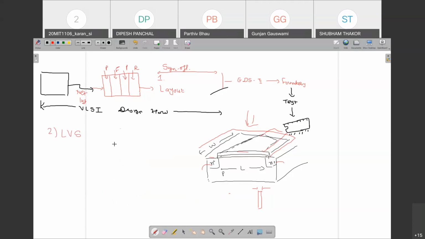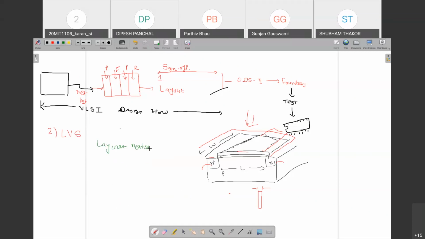After designing the layout, if you apply the LVS check, your software also generates the layout netlist from the layout. And it will check whether all connections in the layout are according to the schematic diagram.